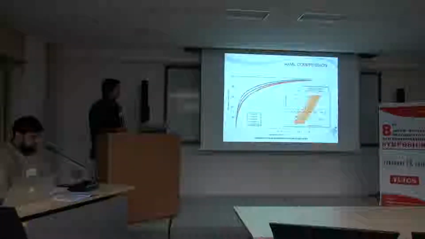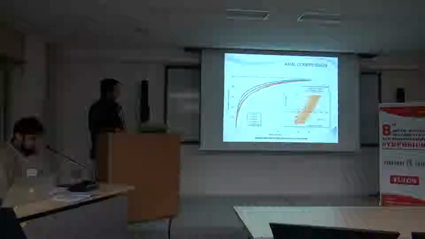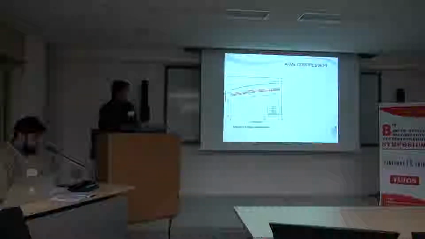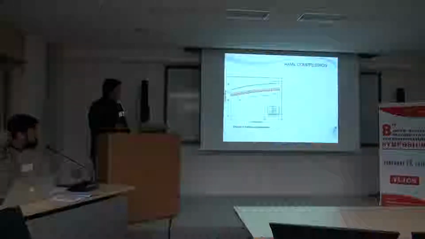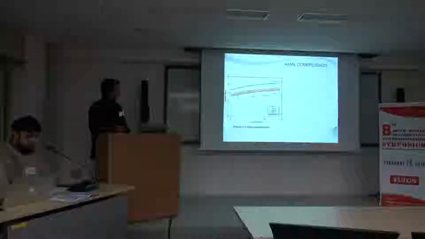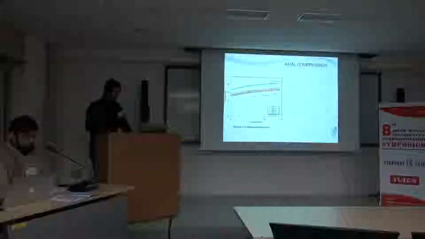For the other specimens, we can see that deviatoric stress was increasing with the increase in the axial strain. The change in the suction with the axial strain was also observed, and we can see that suction increased with the increase in the axial strain.